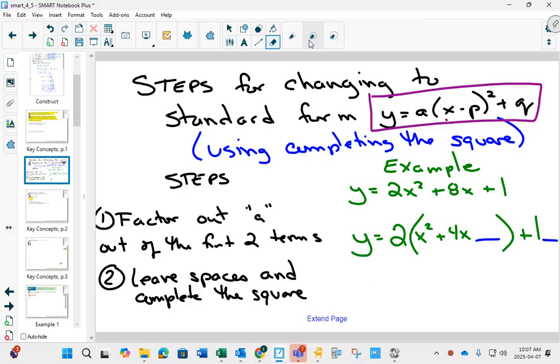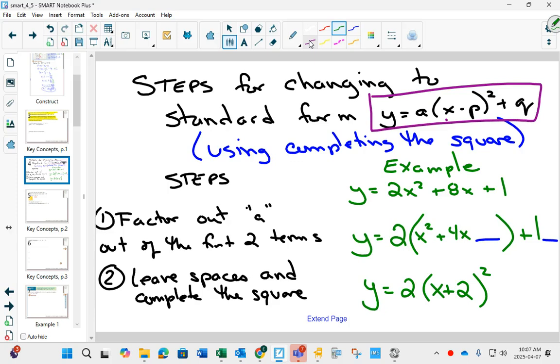Oops. Back to green. And that's enough information for me to complete the square. I know that this hint of the 4x tells me that it has to be x plus 2. Now we have work to do here, because we have to put numbers into the spaces.